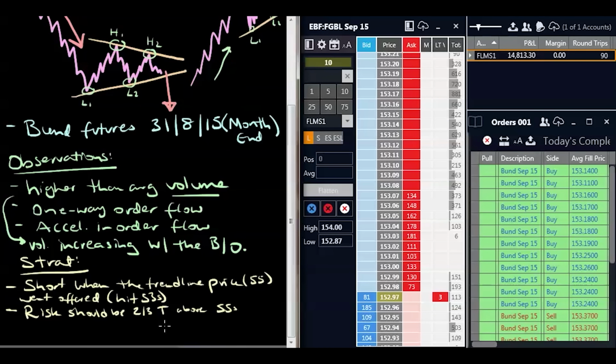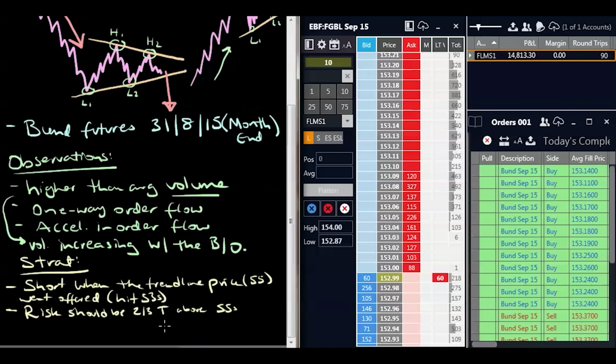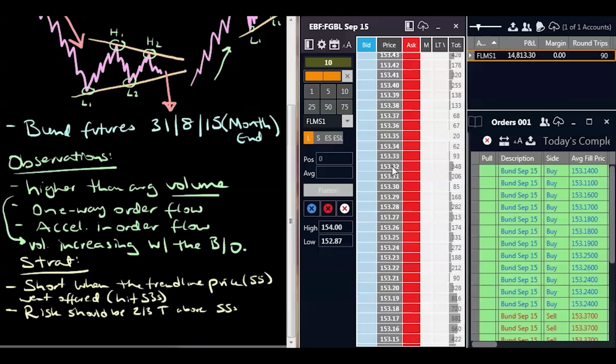If buying comes in, if someone's clipping size at 56s, someone's lifting 100, 200 lots at 56 and 57s, well then I'd say maybe you should be getting out there. But if it's going bid 56s and then someone, so if we just show this on the price ladder up at this area again.